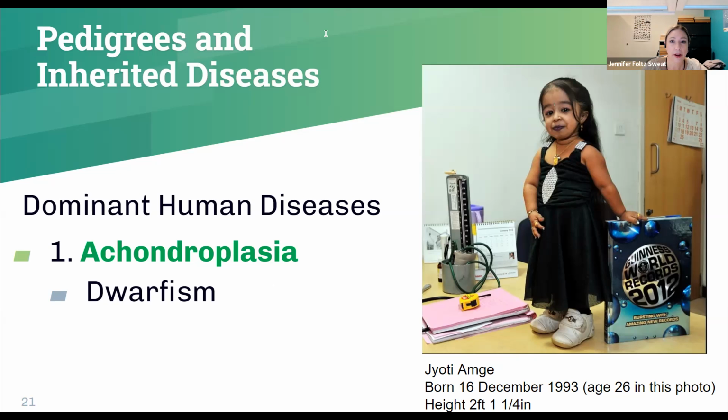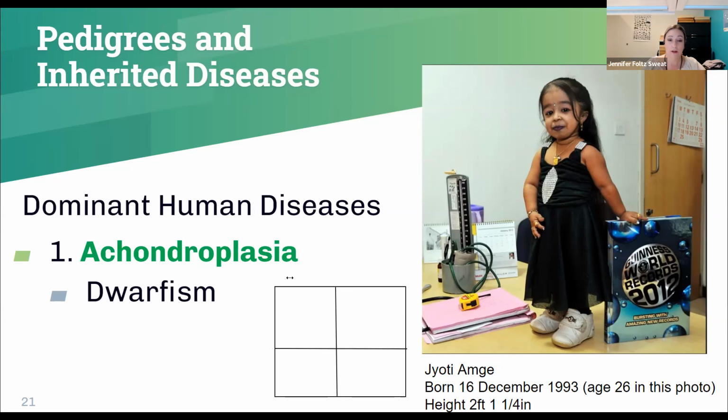a parent, let's do this down here, that is heterozygous for the disease, and they produce children with a partner that is homozygous recessive, the children have a 50% chance of inheriting the disease. So let's say this is the person with achondroplasia. They're heterozygous.